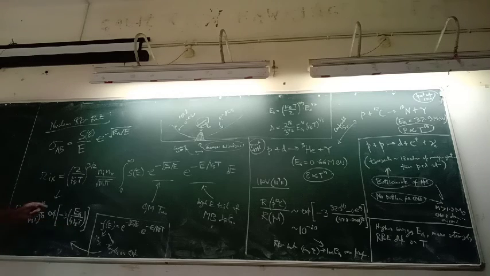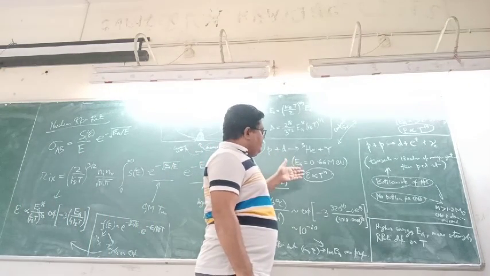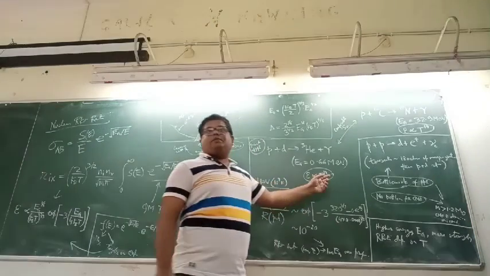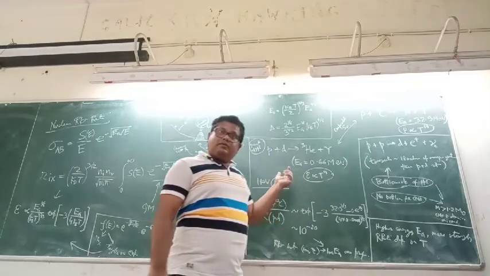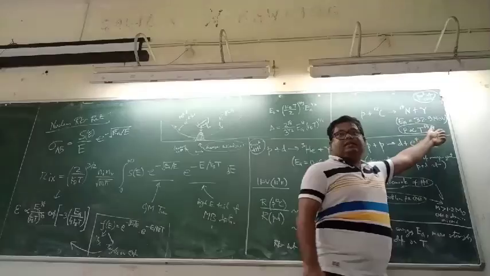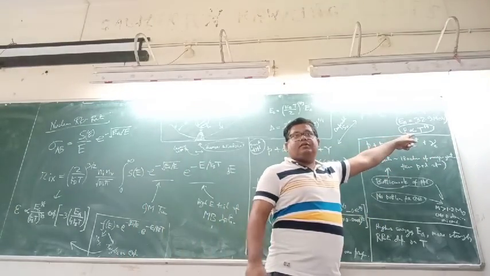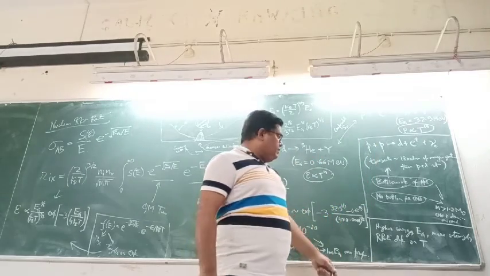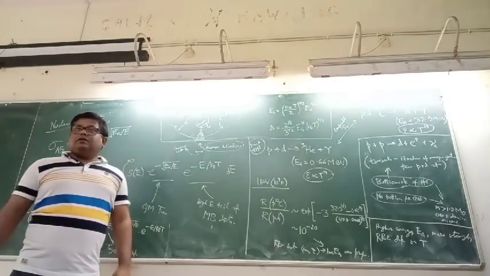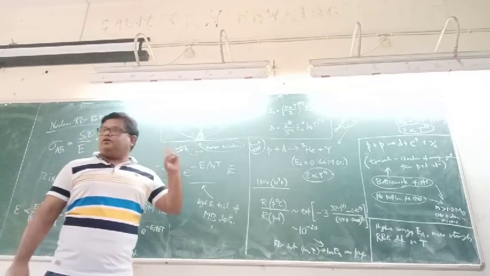If you do the calculation, you will see that the energy generation rate is proportional to T to the power 4 for this PP cycle, PP1 chain, whereas it is of the order of T to the power 18 to 19. So this means it is highly temperature dependent. This is the second inference: for a higher value of gamma energy, the reaction rate depends more strongly on the temperature. Okay, so we have got 2 different observations.